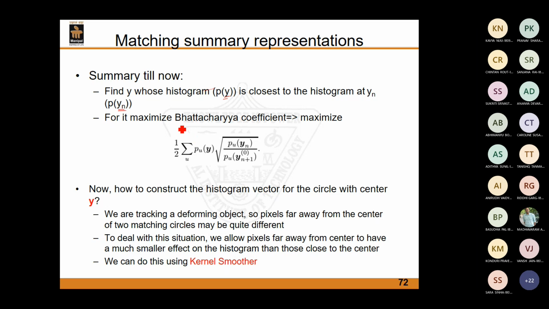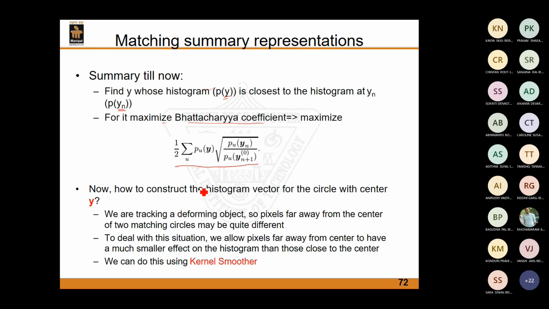In order to find that, we maximize the Bhattacharya coefficient, and we saw that after doing a Taylor series expansion and taking only the first two terms and then further simplifying it, you can write it in this way, that is, it is similar to just maximizing this particular term here, right?